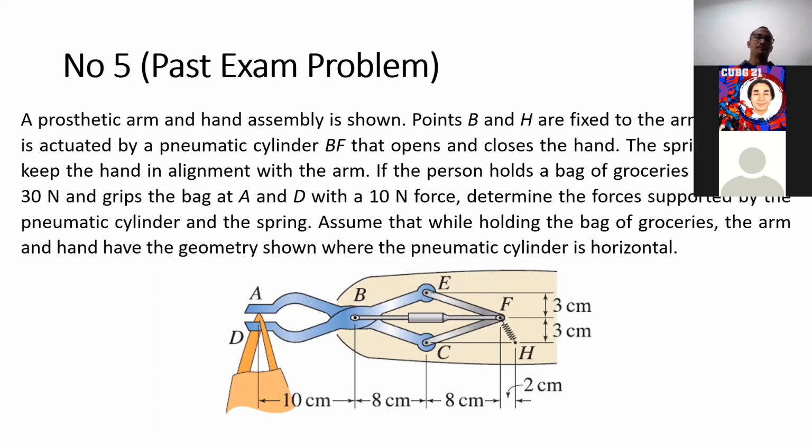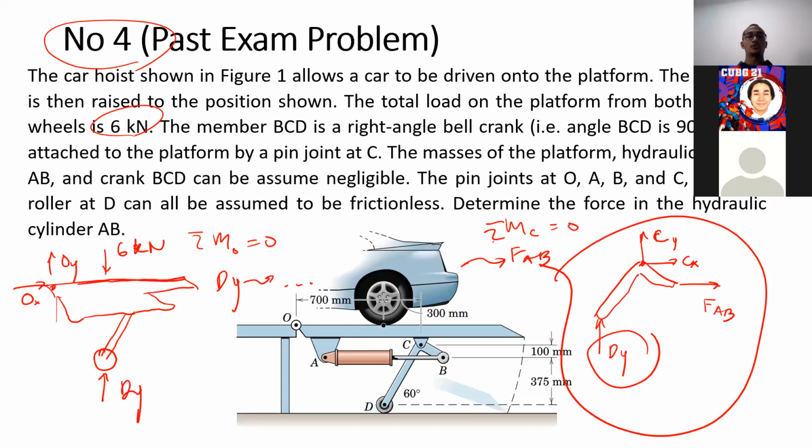About frames and machines, does anyone want to ask a question? I should remind you again, in frames and machines, try to find the two force members first to simplify the problem. After that, for the non-two force members or the whole problem, you can solve it one by one.